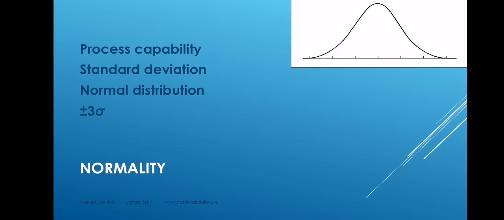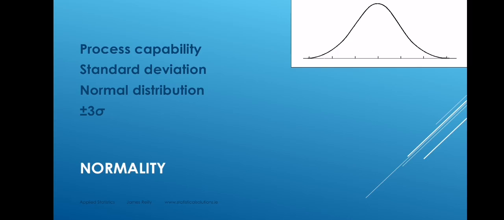Now, we can measure the process capability by measuring the standard deviation of the measurements that arise in the process. And if the process is normally distributed, well then plus and minus 3 standard deviations describes almost 100% of the values that will arise in the process.